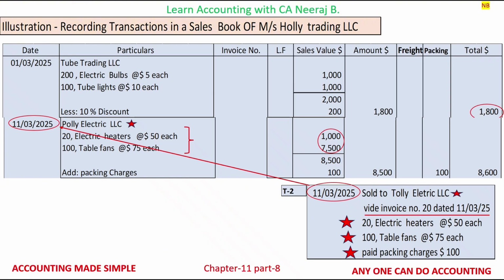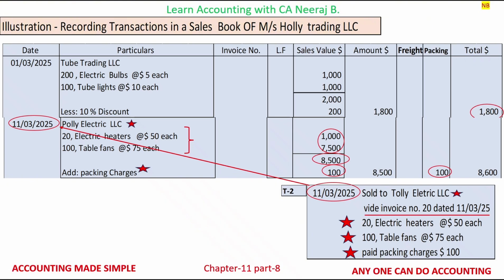The sum total of all the items sold is also written in the sales value column, which in our illustration comes to $8,500. The packing charges extra is written in the particulars column, while the value of the packing charges of $100 is written in the sales value column and again in the packing charges column.